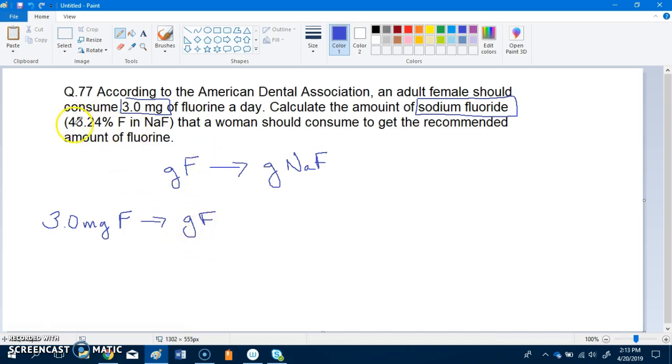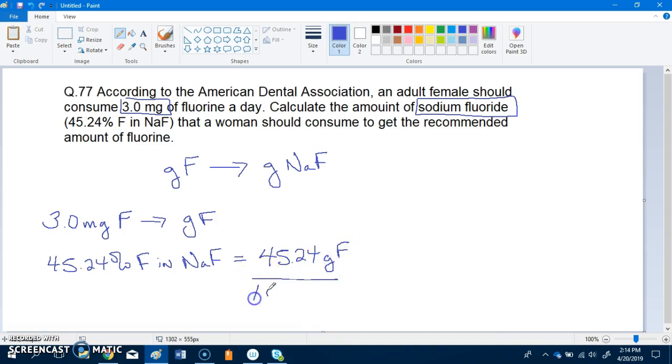And we're also given 45.24% F, fluorine in sodium fluoride. And that's the same as saying 45.24 grams of fluorine in 100 grams of sodium fluoride.